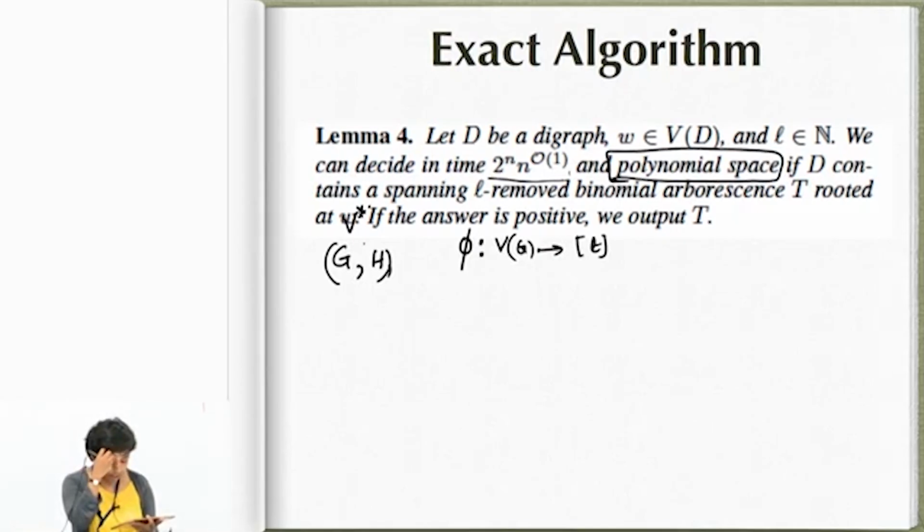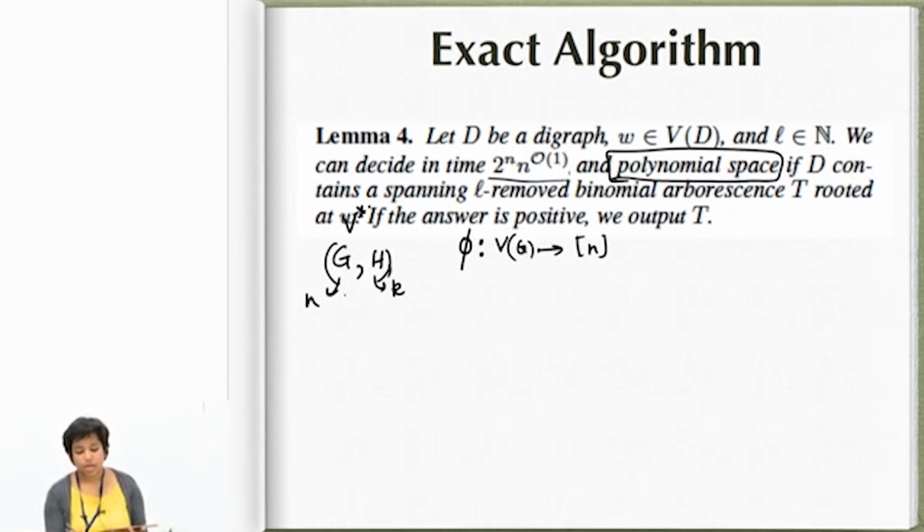Suppose H is of size K and G is of size N. Suppose this coloring function is unique, in the sense that every vertex actually gets a unique color. Then automatically, if you get a subgraph in G which is isomorphic to H, it has to be colorful, because every vertex gets a unique color.